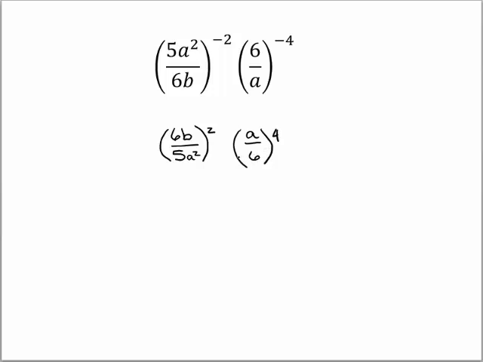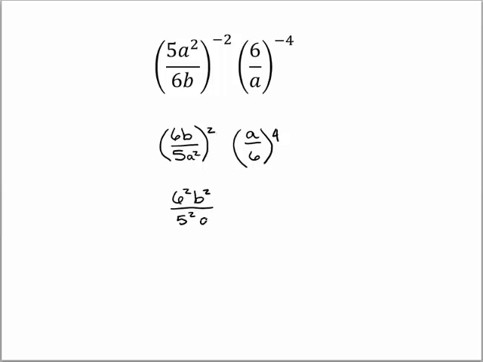All right, now, what are we going to do with this? Let's simplify it out. We have 6 squared, and we have b squared over 5 squared. What is a squared raised to the squared? What do we do when we raise an exponent to an exponent?